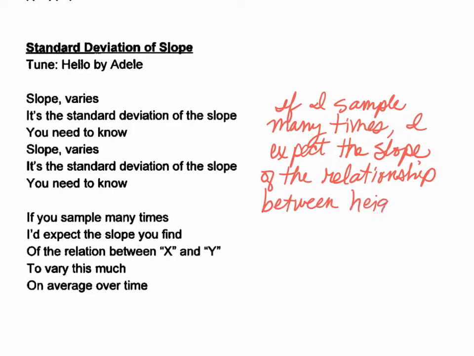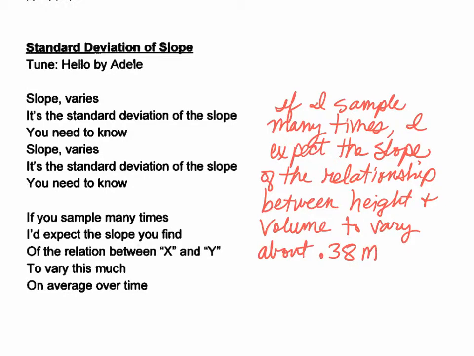The height and volume. Between the height and the volume of our trees in the Aledo National Forest. Okay. If I sampled many times, I'd expect the slope of the relationship between height and volume to vary about 0.38 cubic meters on average. Okay, because that standard deviation is the average variation that we have there. Okay, so let's listen to our standard deviation of the slope song, and then we'll go on to residuals.